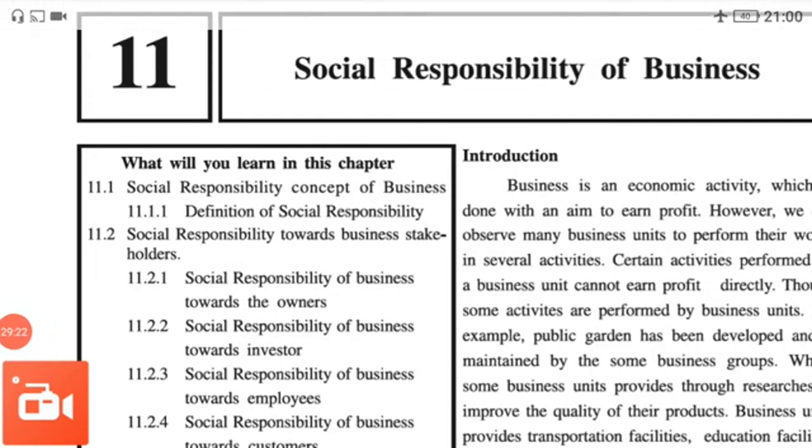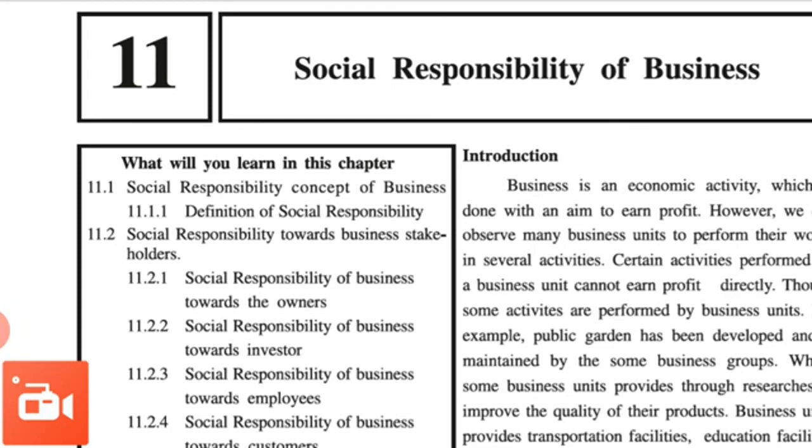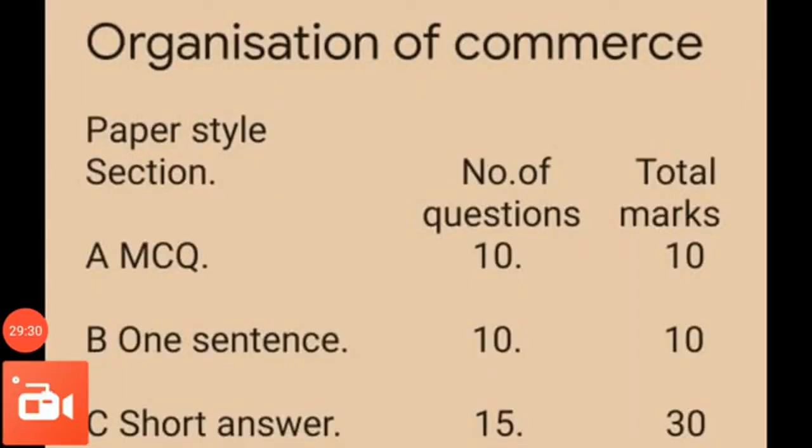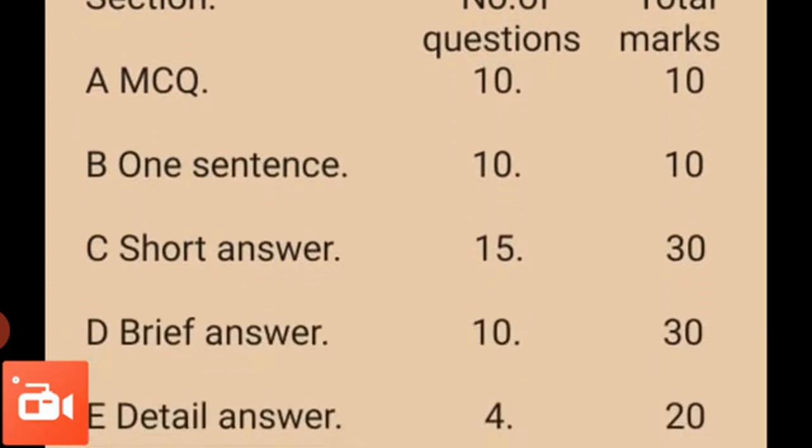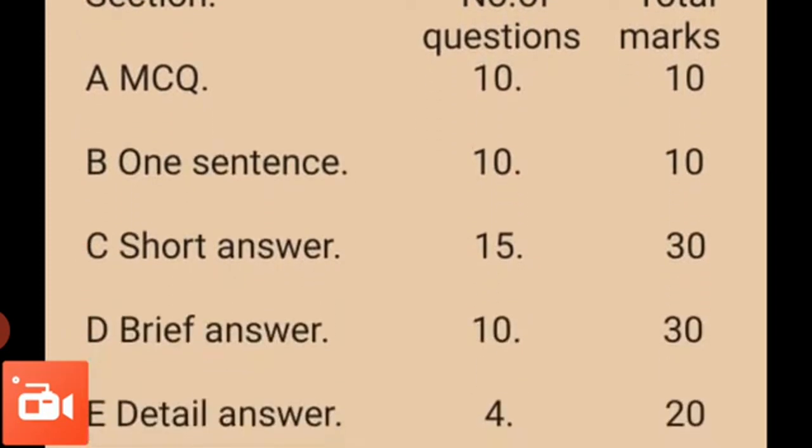Now I give you the paper style for this subject. Paper style of Organization of Commerce and Management. Section A, 10 MCQs, 10 marks. Section B, one-sentence questions, 10 marks. Section C, short answers, total 15 questions, 2 marks each, in total 30.